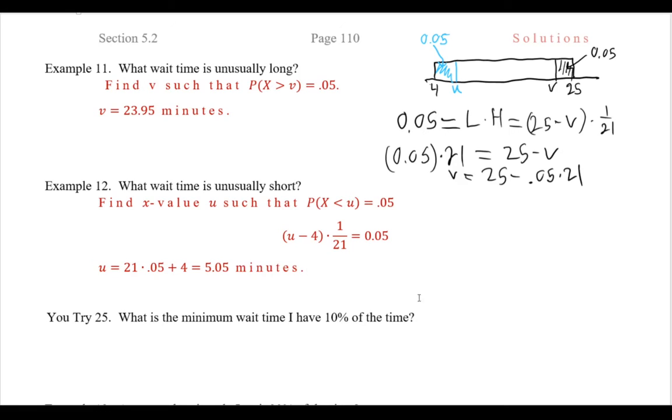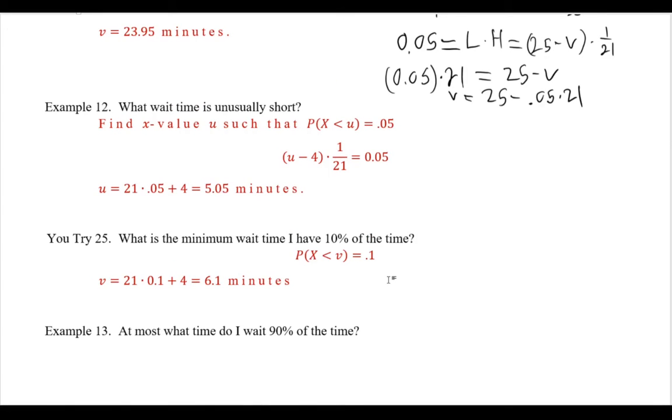So what's the minimum wait time I have 10% of the time? You try this, pause here, then check back. Here, I'm trying to find the 10th percentile of my wait time. So I'm trying to figure out what particular value v would have a probability of it being less than this equaling 0.1.